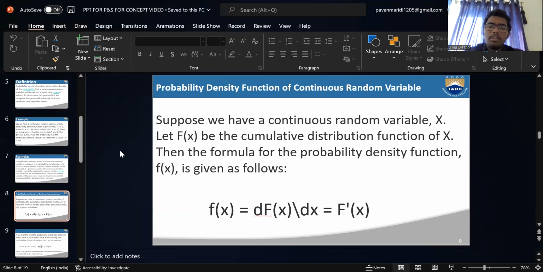Then the formula for the probability density function f of x is given as follows: f of x is equal to dF of x by dx, which is equal to F dash x. This is the formula of f of x, which is the probability density function.